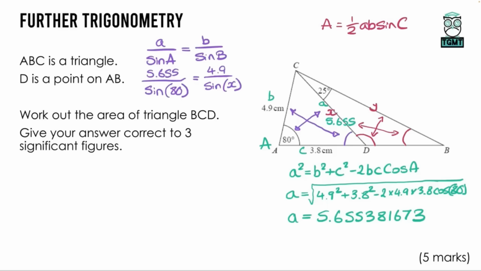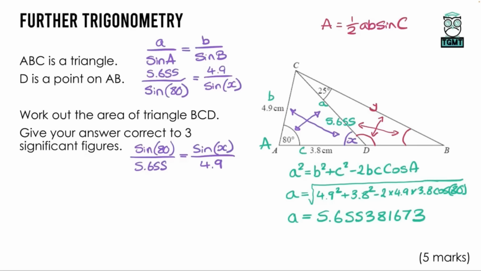So we have sine 80 over 5.655 is equal to sine x over, and let's just go with the 4.9. There we go, I've labelled that x. I should probably get rid of the x now because I don't want us to get confused with the side length. Now we're trying to find this angle, so we'll call that x. Now we can rearrange this.